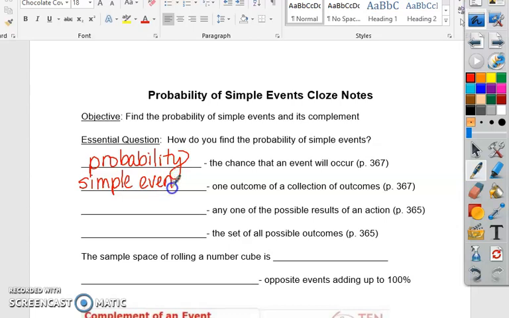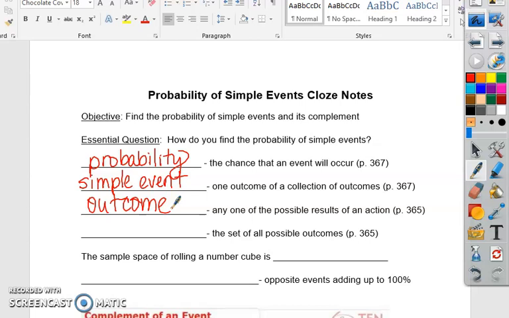We're looking for one thing to happen, okay? Then we have any one of the possible results of an action, and we call that an outcome. And we will talk about these in a little bit more detail in case you're confused, okay?